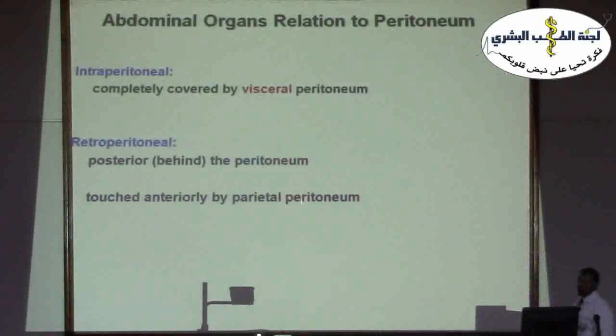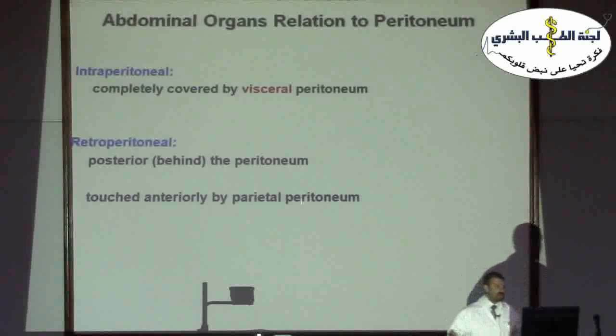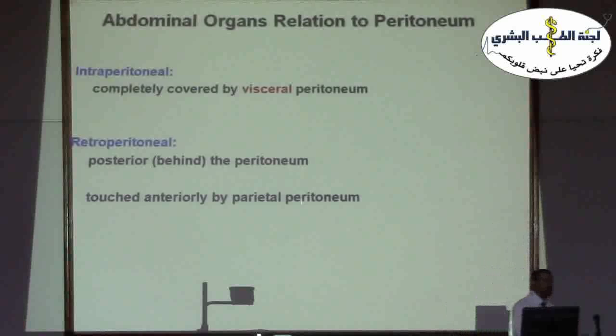Now, the relation of abdominal organs to the peritoneum: whether they are covered or invested by peritoneum or not. It depends on the mobility of the structure, or on movable structures in continuous attachment to that organ.